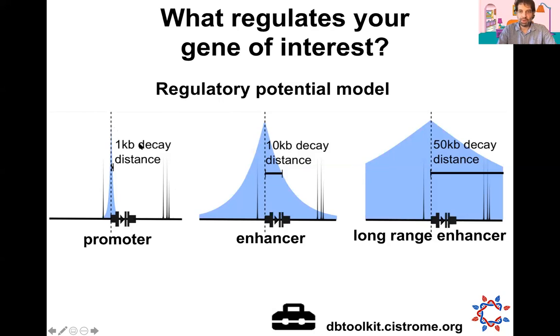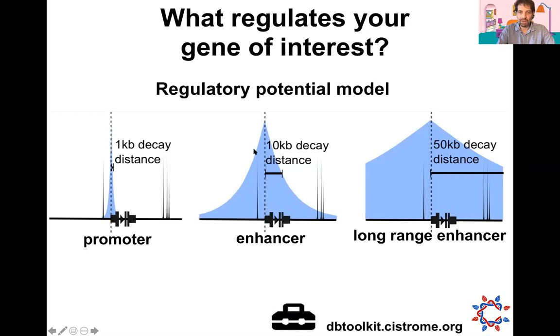There's one parameter you have to fix, and that is the rate of decay. We have the option in the toolkit to set this rate at either 1 kb, 10 kb, or 100 kb.